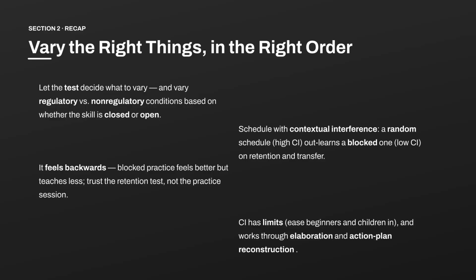A random schedule, high interference, outlearns a blocked schedule, low interference, on retention and transfer. For beginners and for experts, in the lab and in real sports. The catch is that it feels backwards. Blocked practice feels smooth and breeds false confidence, so trust the retention test, not the practice session. Contextual interference has limits. Ease children and beginners in, and match the challenge to the learner.